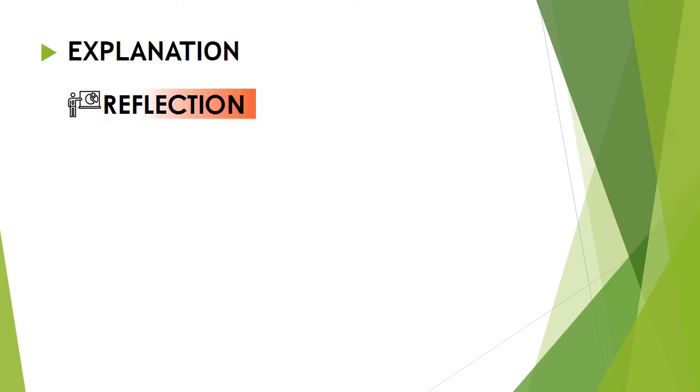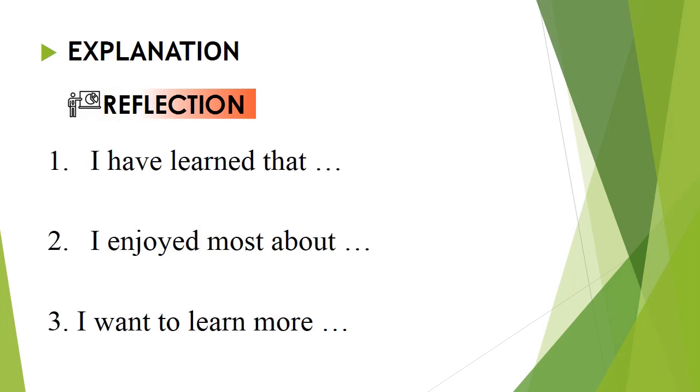Okay, now to sum up all the things that the learners have learned from the learning activity sheet, we have now the reflective activity. So they are going to make their own reflections based on their experiences from the learning activity sheet. So they may answer these questions.